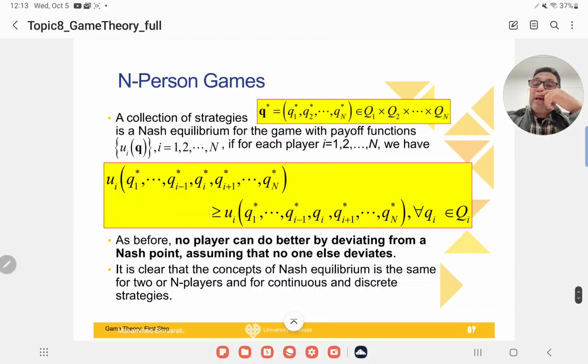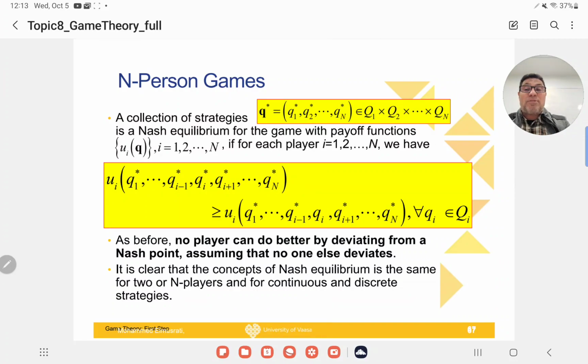So in the case of n-person games, assuming that the strategies are given in this way, the strategy vector consists of Q1 star up to Qn star, where the star means that this is the equilibrium, and each Q by itself is a strategy which can be a single element or another vector. So this one can be a matrix or a vector. Now we have Q1 star, Q2 star, up to Qn star.